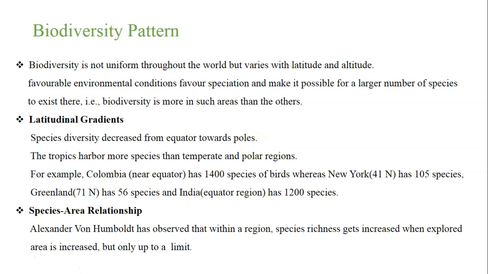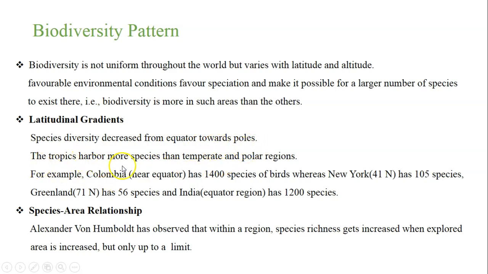Due to extreme cold, it is impossible for many species to survive. So species richness, or the number of species, is observed to be very low towards the poles. There is existence of living organisms, but it is comparatively decreased from the equator to the poles.